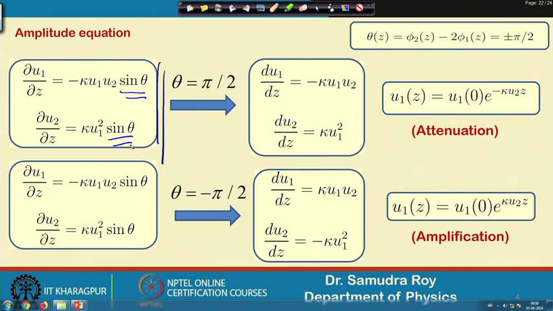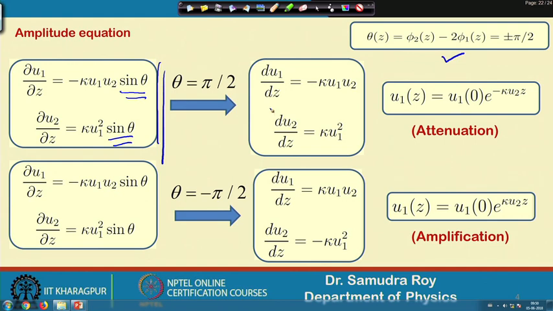At that time, in the corner in the sticky note, you can find that delta theta was phi 2 minus 2 phi 1, and we mentioned that if this value is plus minus pi by 2, then we will get this value as plus minus pi by 2, and for this plus minus pi by 2 we can have our expressions u1 and u2 slightly modified.